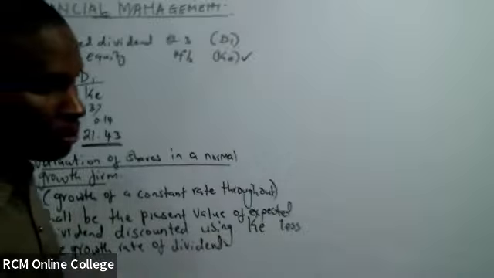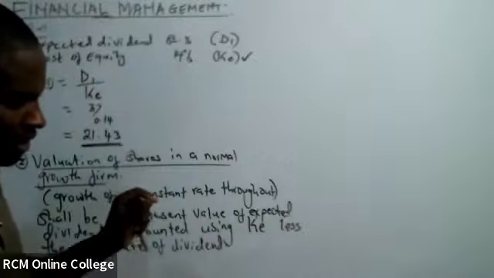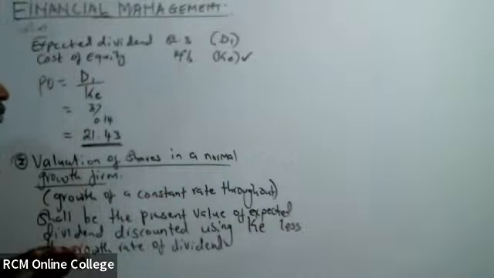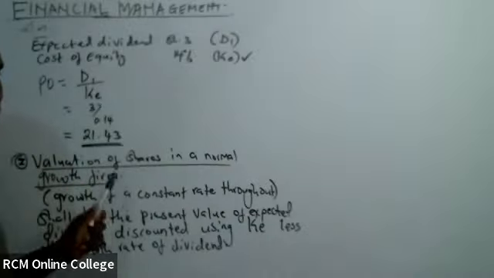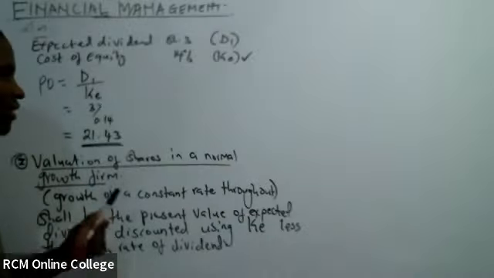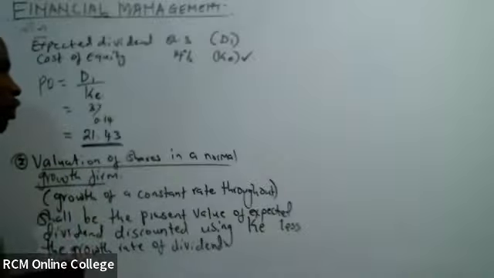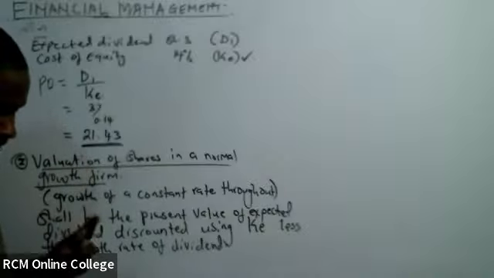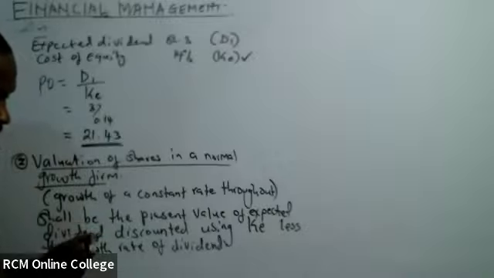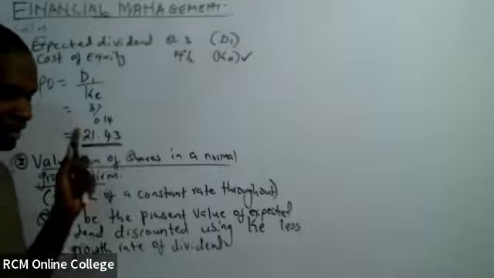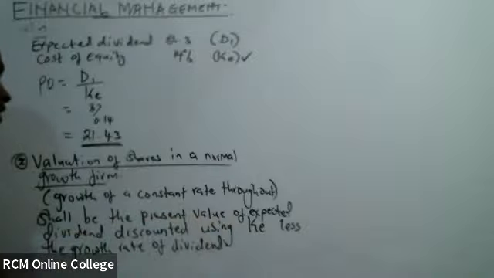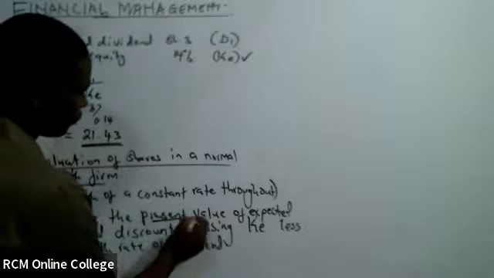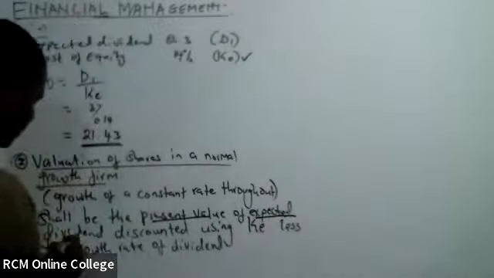So I repeat that statement because it is important to us. How shall we get the intrinsic value of this normal growth firm? The intrinsic value of an ordinary share in a normal growth firm shall be the present value of expected dividend. If you wish, you can underline there.